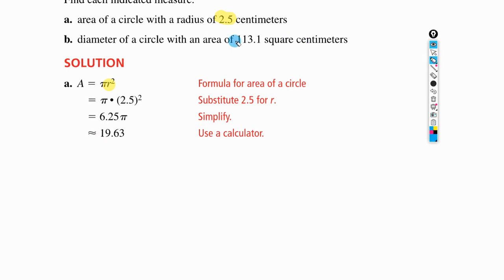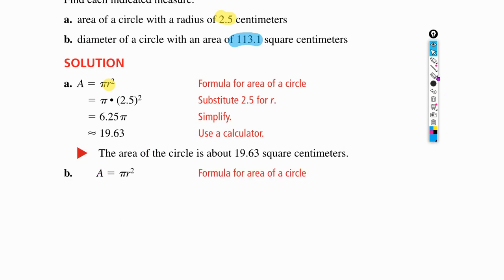On the second one, we're going to find the diameter of a circle. We have the area, so now I'm going to put that number in right here for the area. You can see it's right there. So the area is 113.1 equals pi r squared.